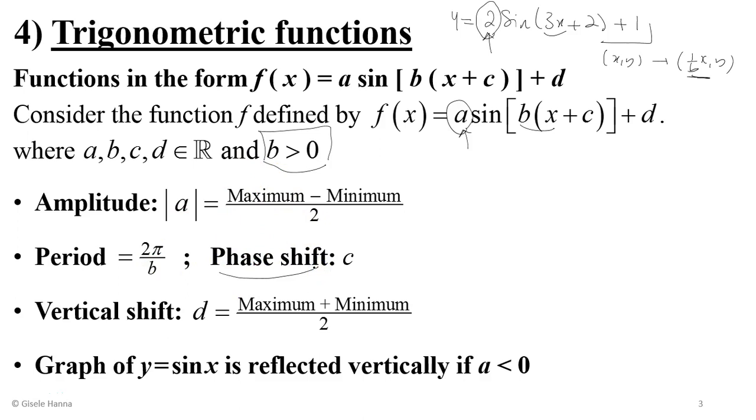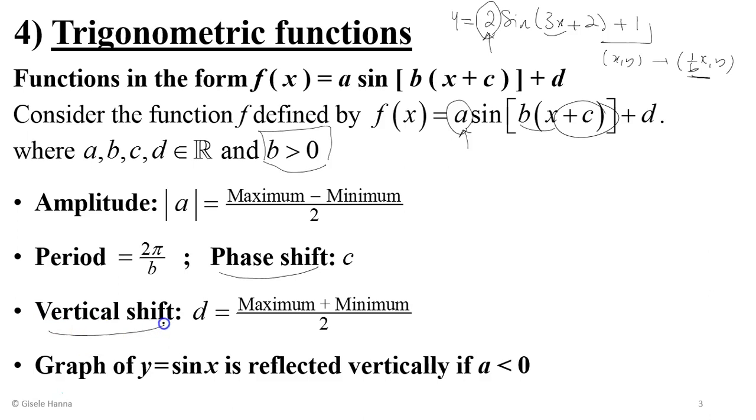Okay, now the phase shift. The phase shift is by how much the curve was translated horizontally, which you could see here as c. So whatever real number you add to x would represent the phase shift of the function. c would represent the number of units that the curve was translated by horizontally.